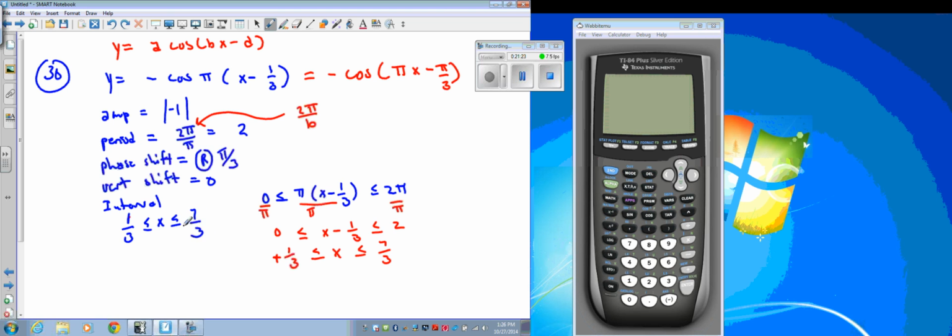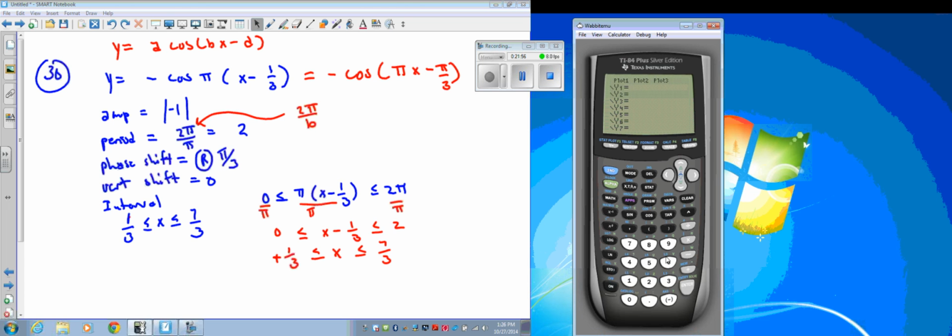Now these two conflict with what I was thinking was going to happen. In order to verify it, we're going to go into the calculator and see which one works. I'm just going to clear this out.